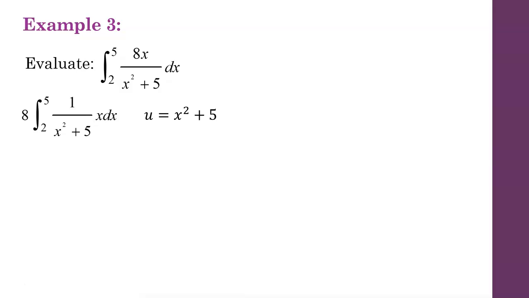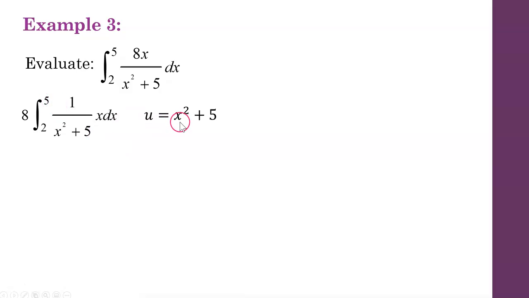And then if I replace my x squared plus 5 with u, I have to make sure that the values I get out of this don't create any discontinuities in the function that I end up with, which is 1 over u. So if I plug 2 in here, I get 9, so 2 squared plus 5.